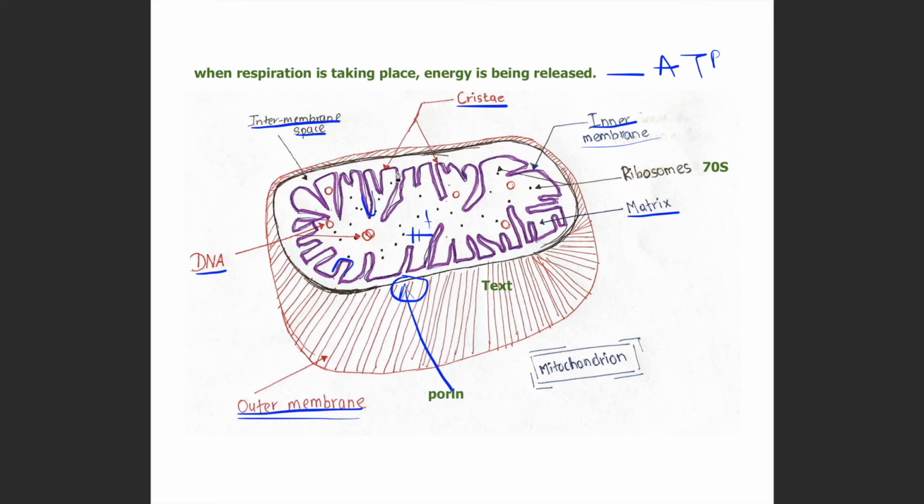Now these electrons actually come from the cristae, because there are electron carriers in the cristae which provide a flow of electrons needed for generating ATP molecules. And once the ATP is made, it leaves the mitochondria.